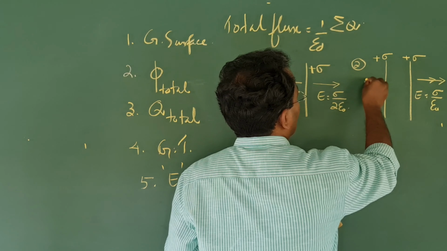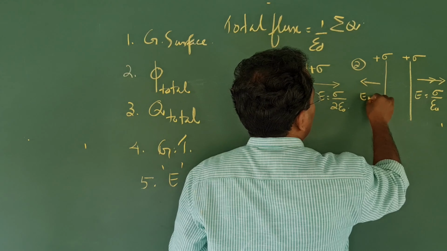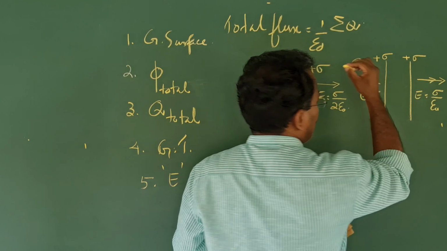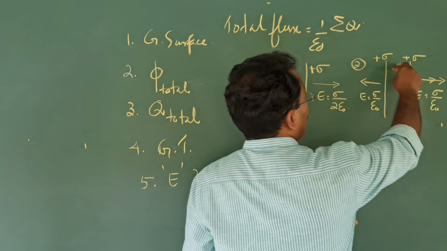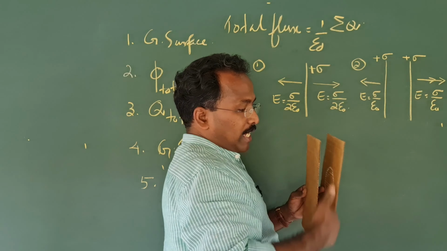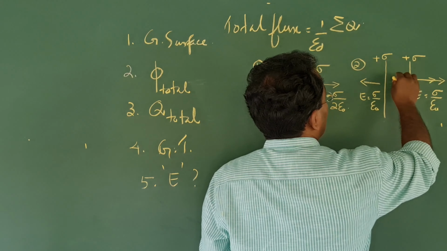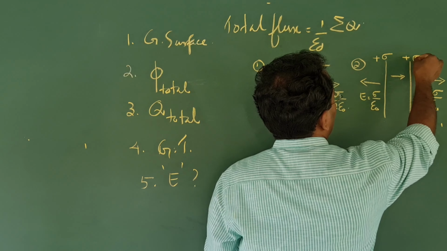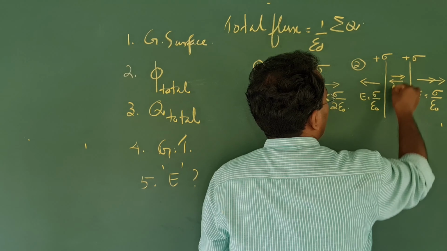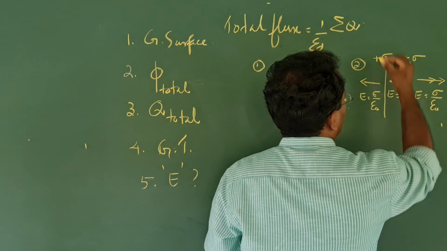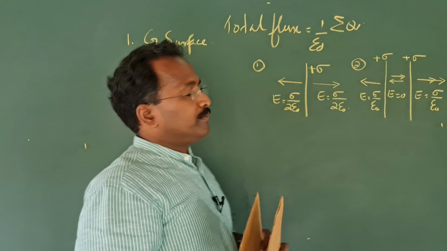And this side also you will have E is equal to sigma by epsilon 0. And in between the sheets, this produces electric field in that direction and this produces electric field in this direction. So naturally electric field will be 0.